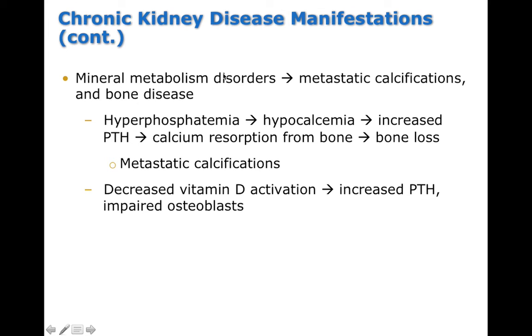So with the mineral metabolism disorders that result from chronic kidney disease, we said that we can see metastatic calcifications. This was a really interesting byproduct of hyperphosphatemia. If your kidneys can't get rid of excess phosphate, that excess phosphate in your bloodstream helps to precipitate calcium out of the blood.